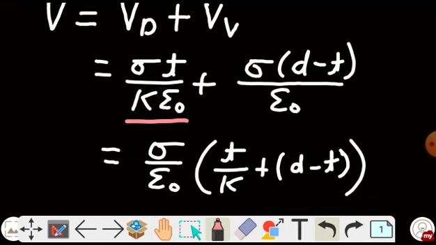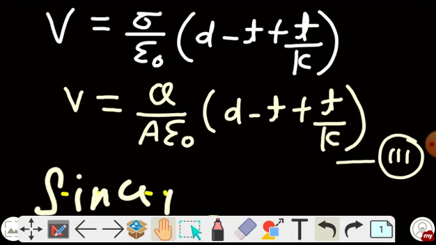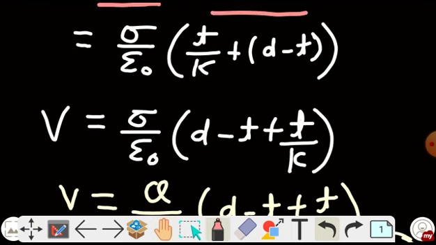So here sigma T by K epsilon naught, and sigma by epsilon naught into D minus T. Take sigma by epsilon naught common in both the terms, and if you rearrange the terms, you will get the final expression as V equals sigma by epsilon naught into D minus T plus T by K. So this is the potential drop between the plates of the capacitor when a dielectric of dielectric constant K having thickness T is filled between the plates.